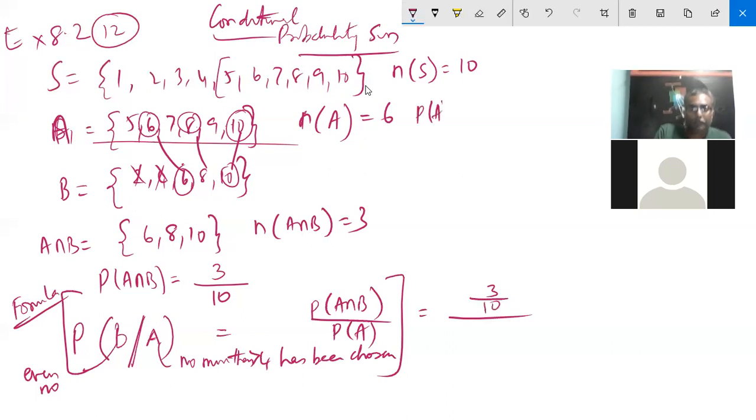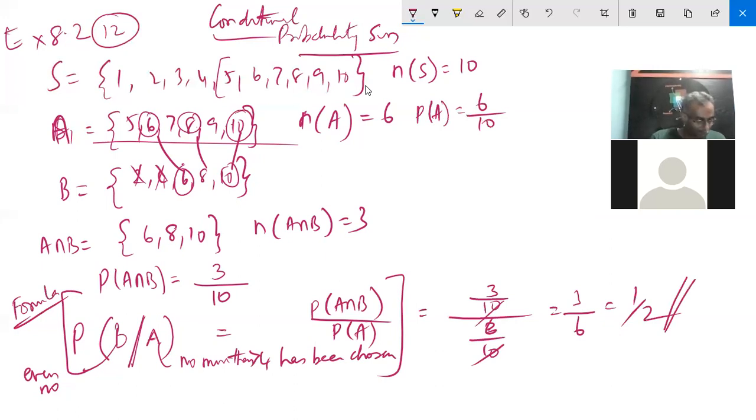P of A is equal to N of A by 10. Okay, this will be 6 by 10. Cancel 6. That is equal to 3 by 6. That is equal to half. Okay, 12th sum will be half. So the probability of it being an even number, given number is already greater than 4.